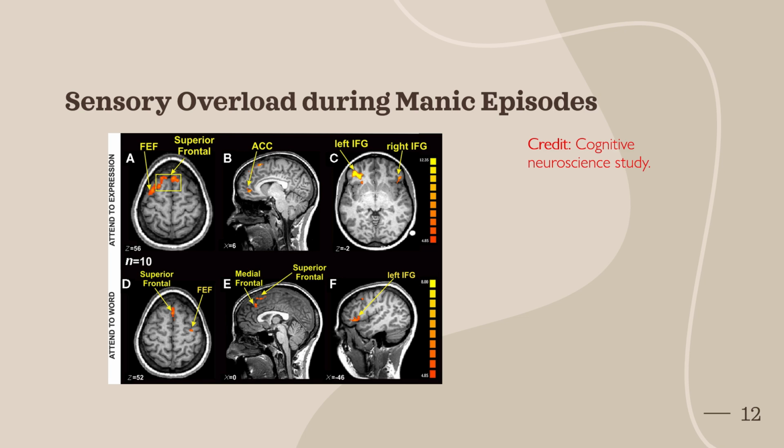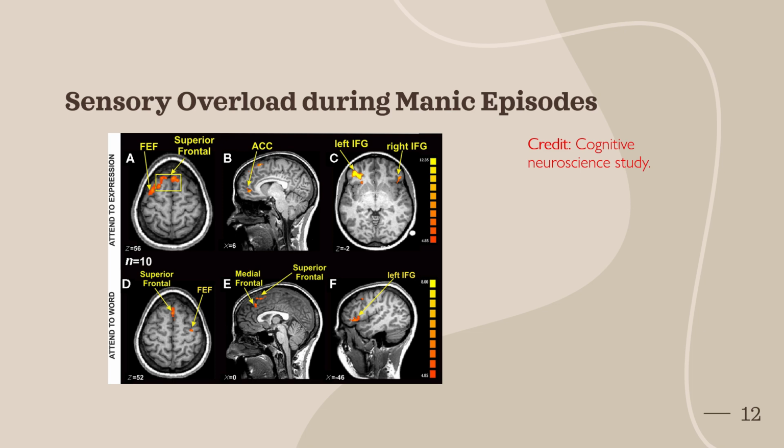The brain has a filter called the thalamus, which acts as a relay station for everything you see, hear, and feel. Its job is to filter out the junk data, like the hum of a refrigerator or the feeling of your socks, so you can focus on important things.